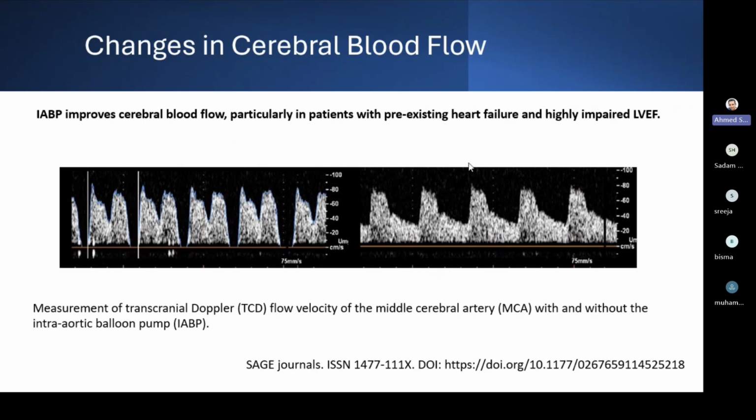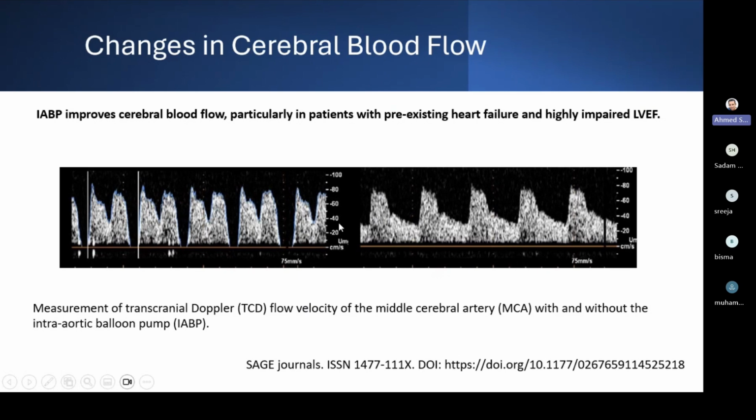And as you see, if you check the transcranial Doppler waveform, this is the baseline here. And this is the waveform of the cerebral circulation. This part is equal to the systolic part, and this part is the dicrotic notch, and the remaining is the diastolic part.